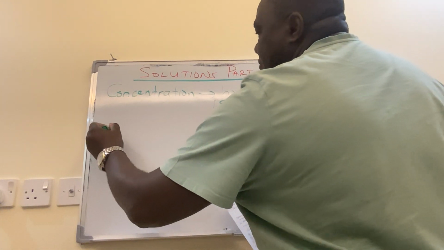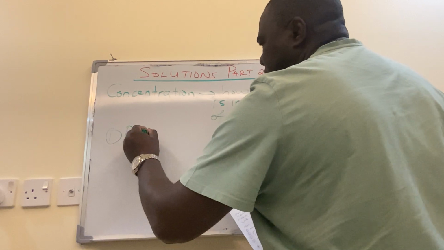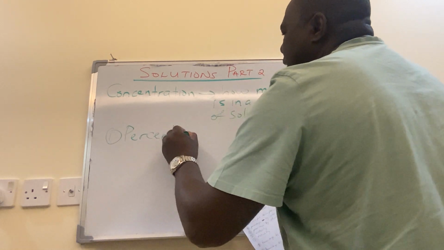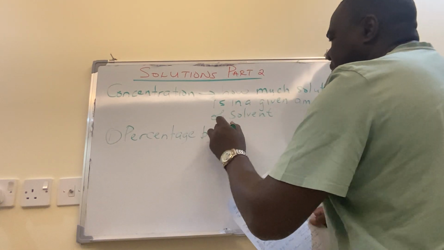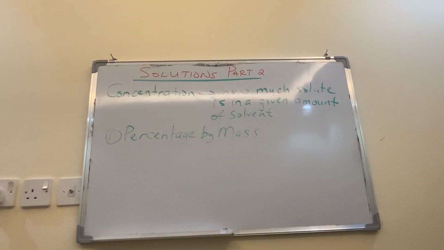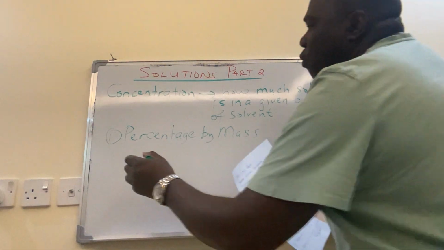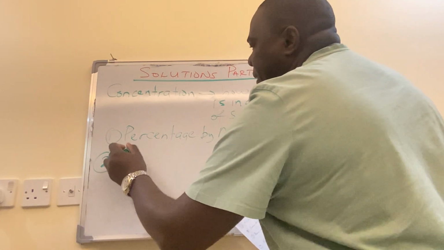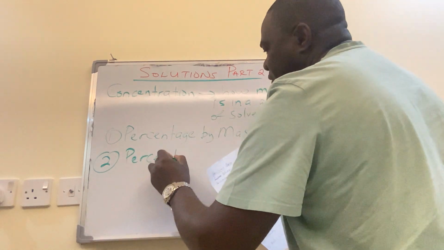We can have percentage by mass. We are looking at how much of the solid is present in a given amount of solvent, and we are going to express it as a percentage by mass. We could also look at percentage by volume.